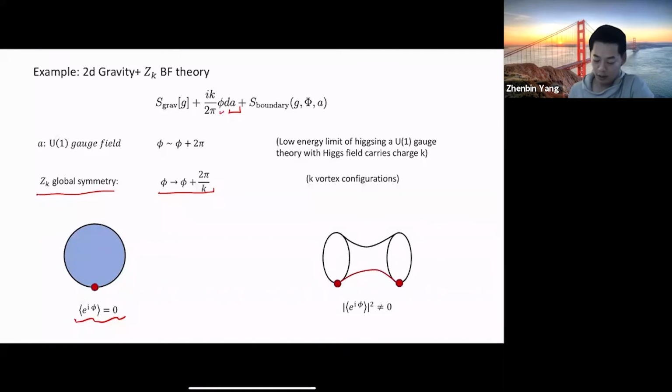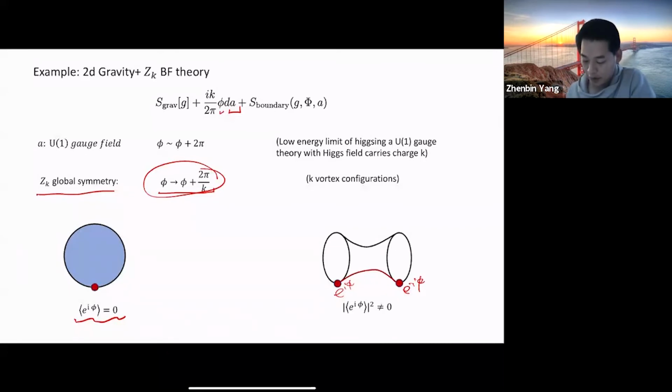But on this wormhole geometry, when you look at the transition probability, that gives you e^{i phi} times e^{-i phi}, which is neutral under the global symmetry, and doing the gravitational path integral gives you some non-zero answer.